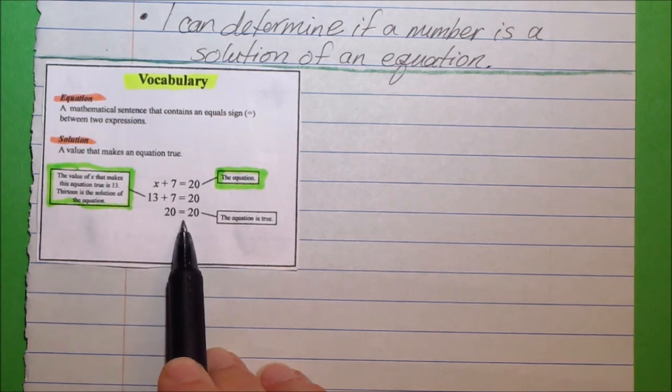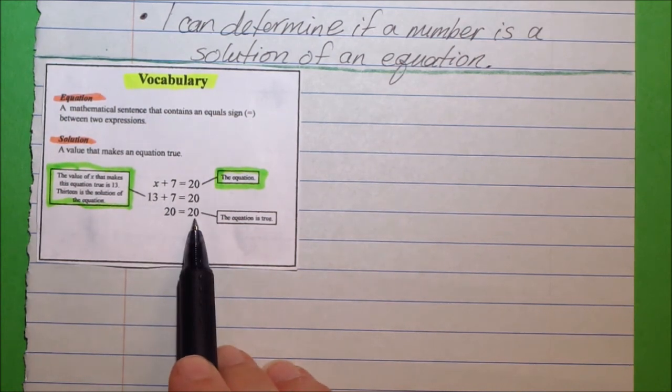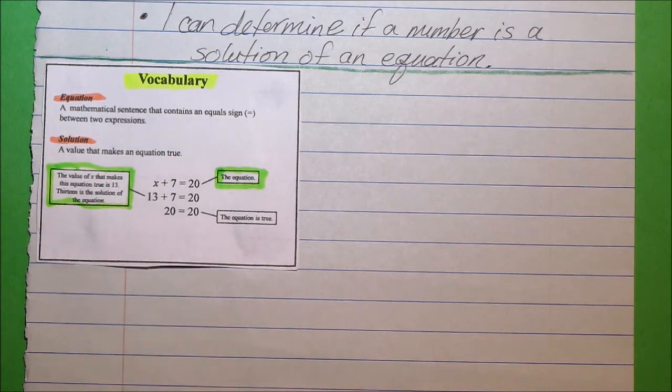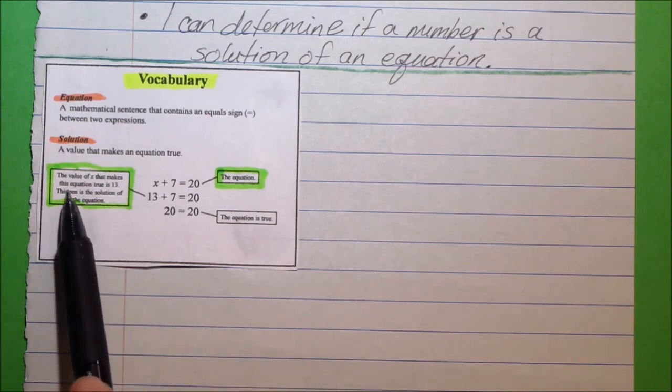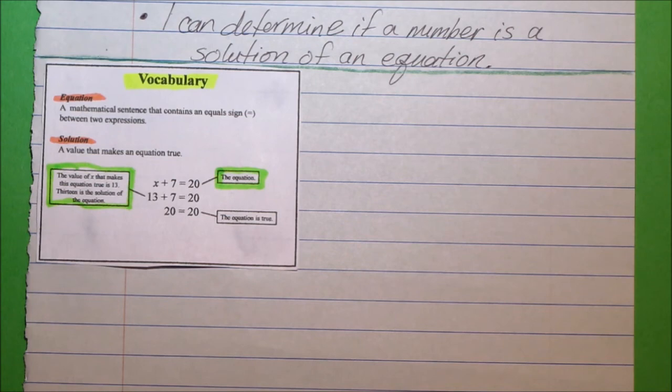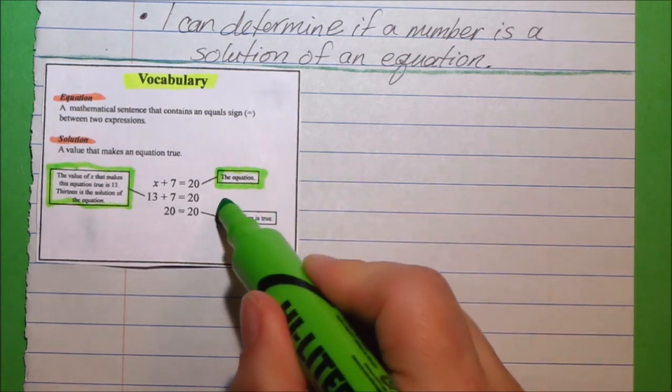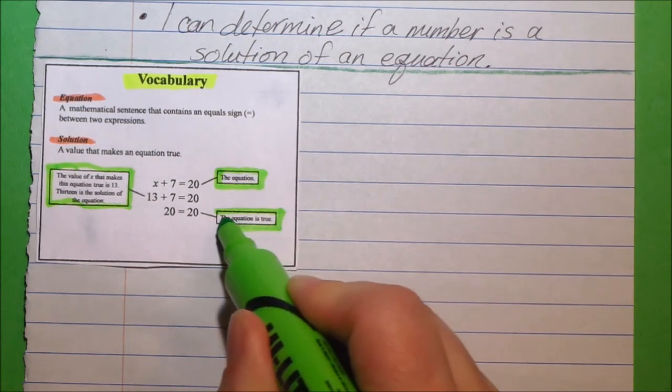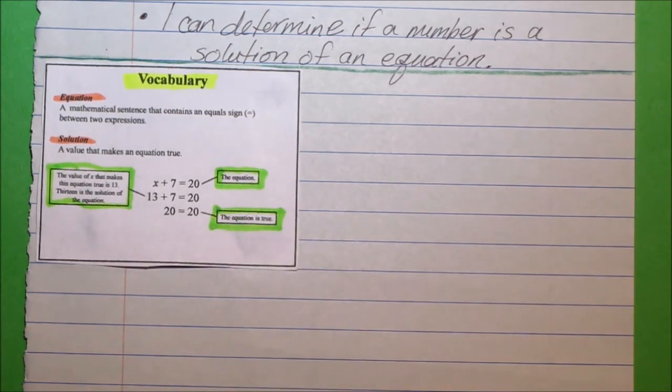We keep the equal signs lined up, and we see that we have 20 and 20 on both sides of the equation. The expressions on both sides of the equal sign now match, and so it is true that 13 is a solution for x plus 7 equals 20. So the equation is true for the solution of 13.